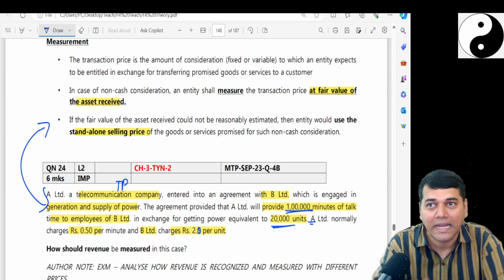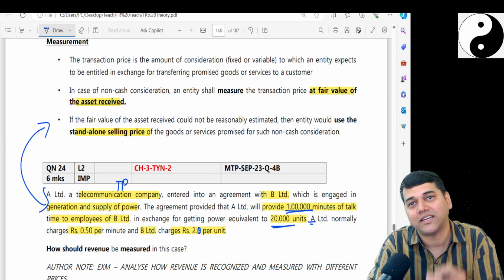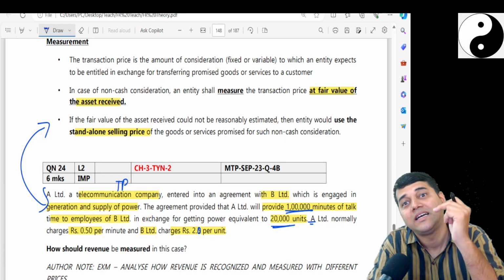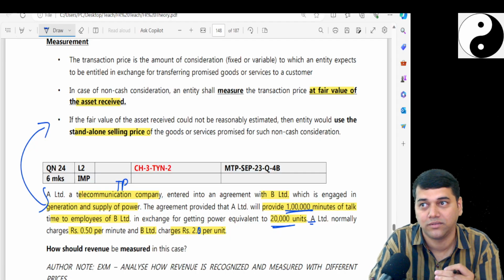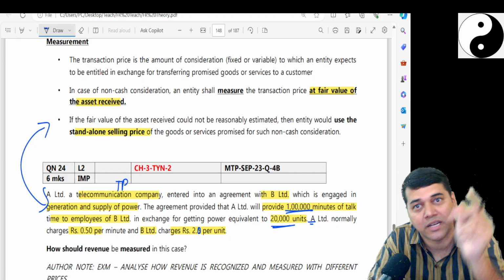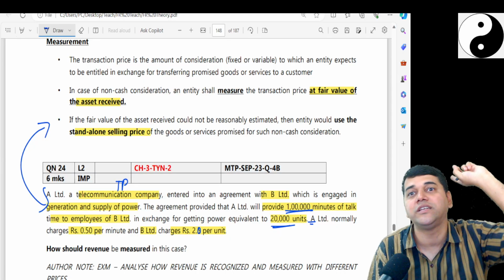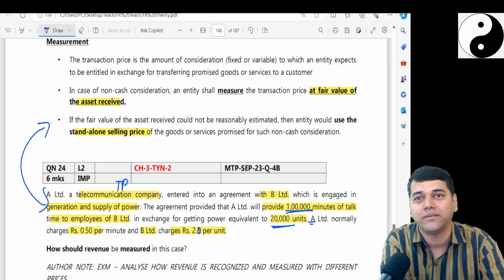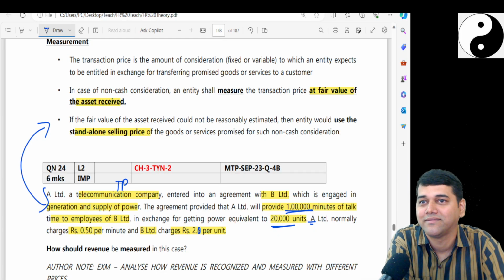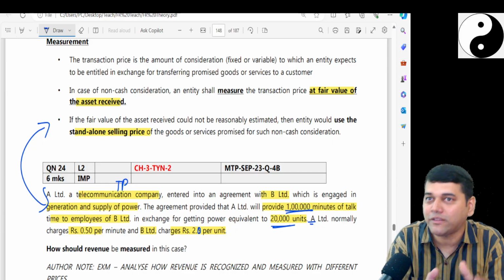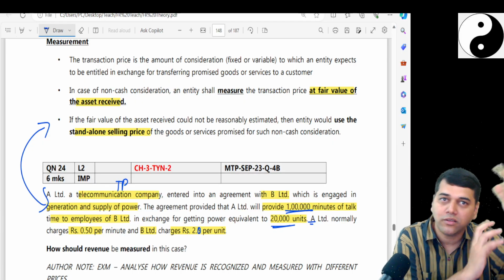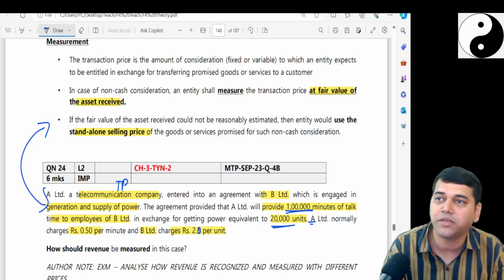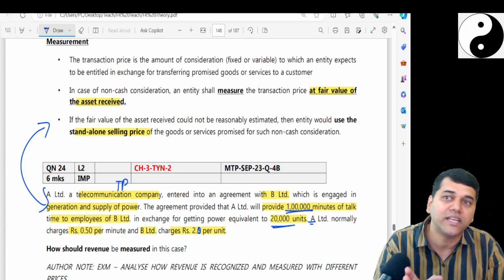Because you have to value the transaction price equal to the fair value of the consideration received, and they will test you in the examination. Have you understood it, or will you get confused with Ind AS 16 and say fair value of the asset given up? If you don't have that clarity, all these things will start cooking in your mind in the examination hall. That's what they test.